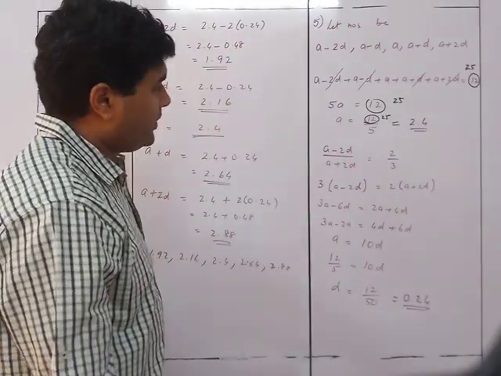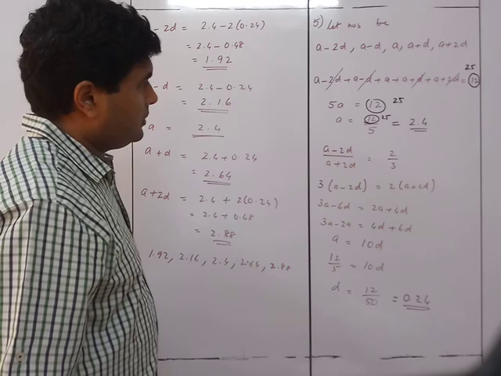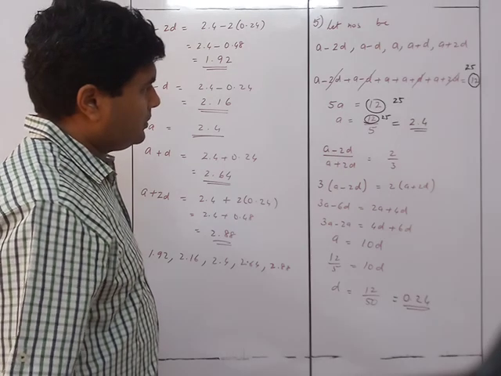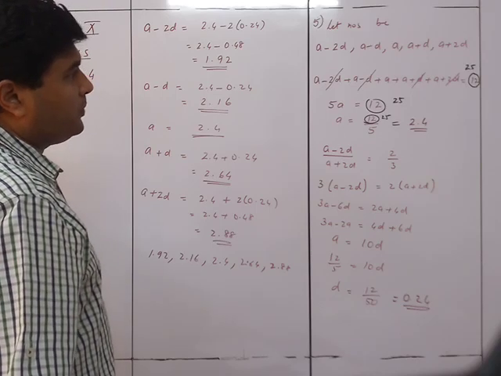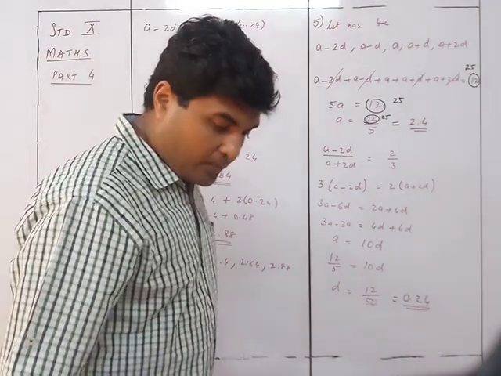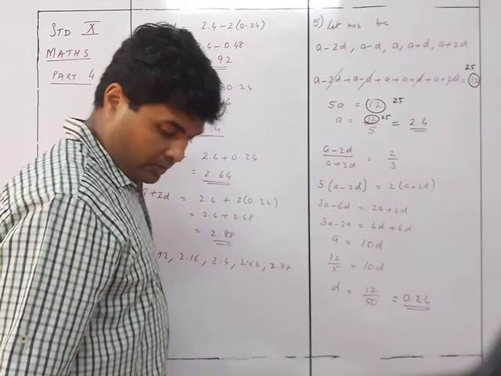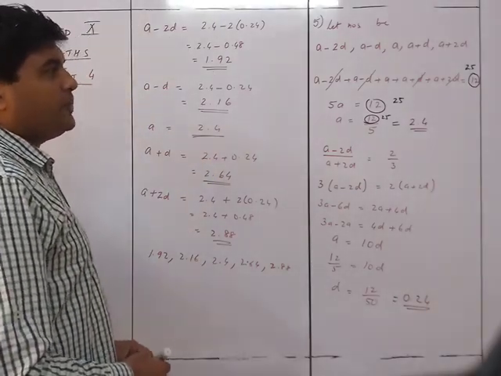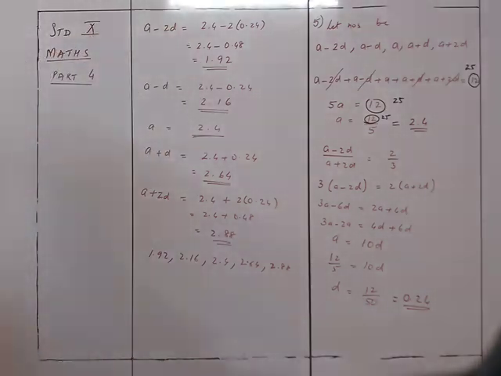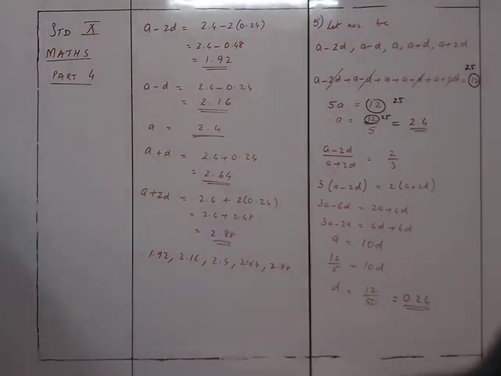2.5. How can I get 2.5 over there? It should be 12.5. As per the backside over there, it should be 12.5. So if I take it as 12.5, yes, it would be 2.5, because 12.5 divided by 5 will give me 2.5.